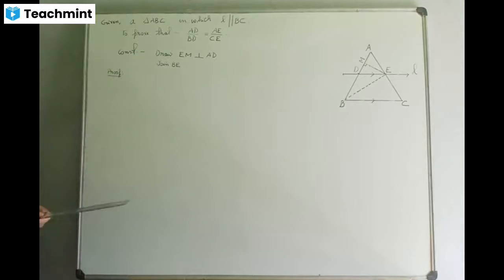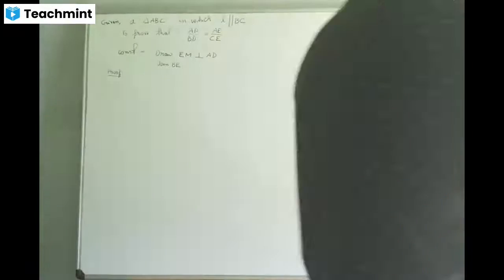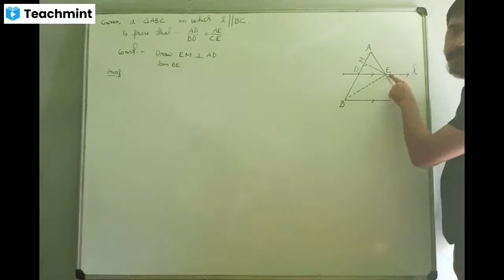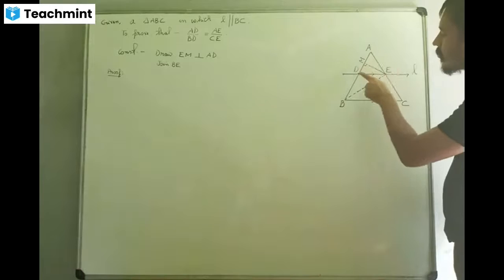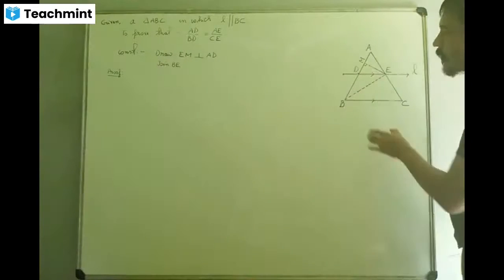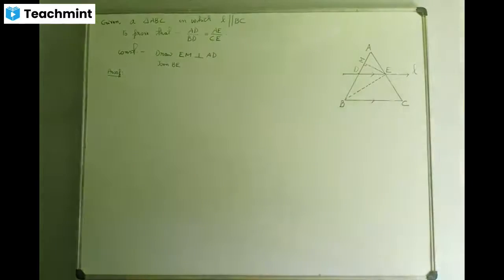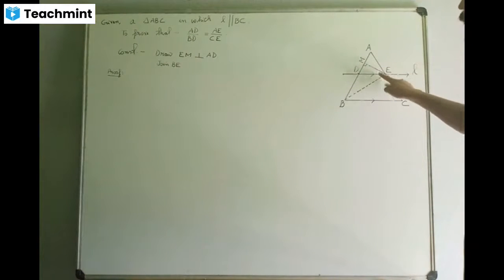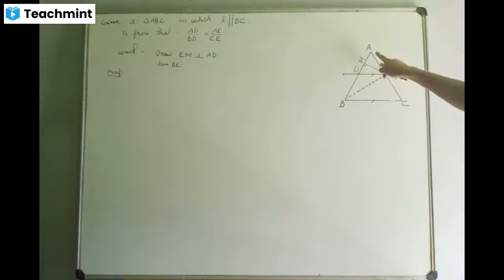Now you see here, this ADE is a triangle. In this triangle ADE, let me find its area. Okay, see?